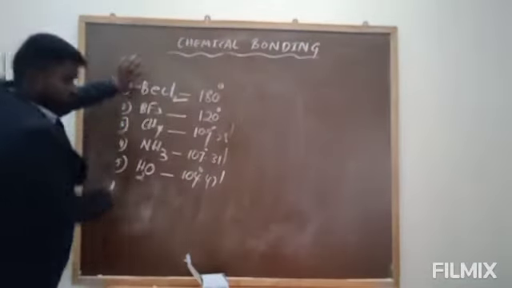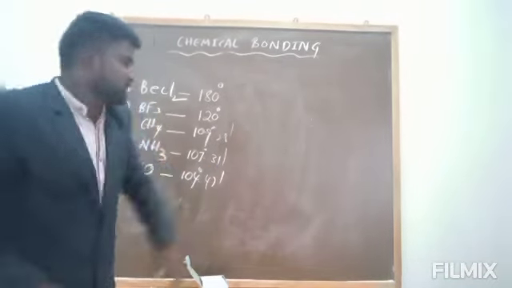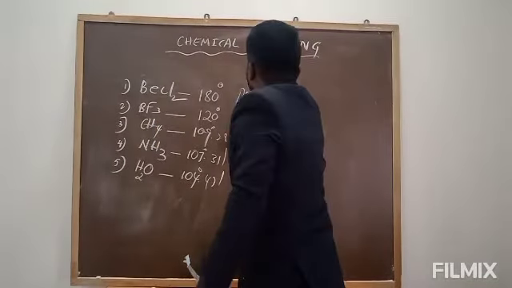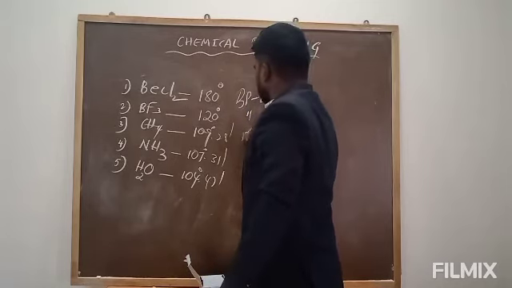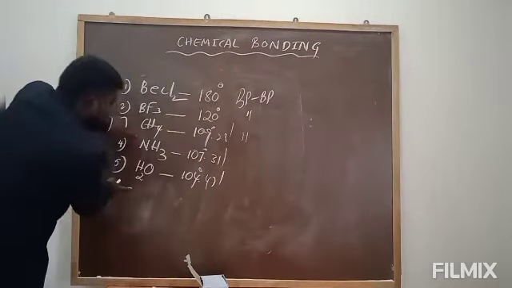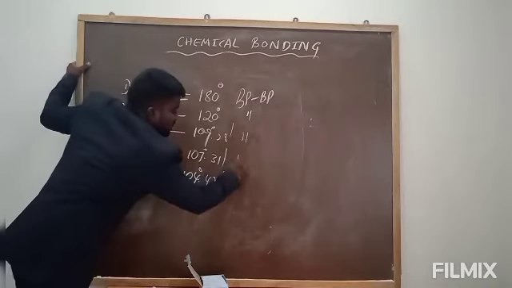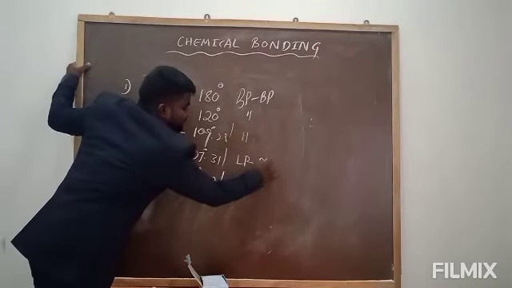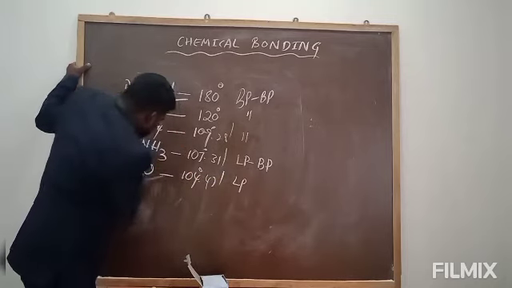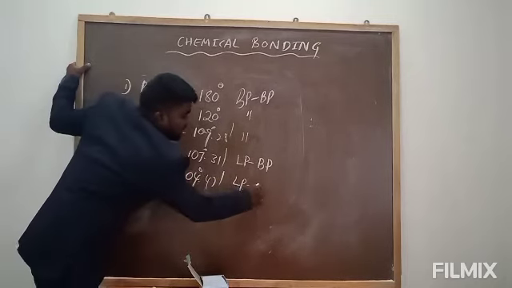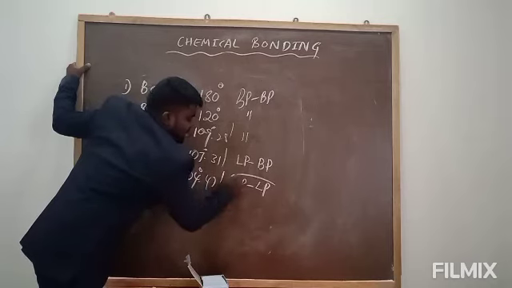In BeCl2, which type of repulsions are present? Bond pair repulsions are present. The second and third molecules are the same. In ammonia, lone pair bond pair repulsions will be there. In the water molecule, lone pair repulsions will be there.